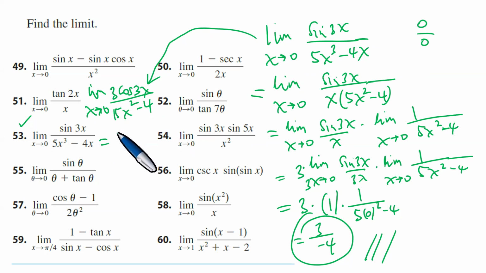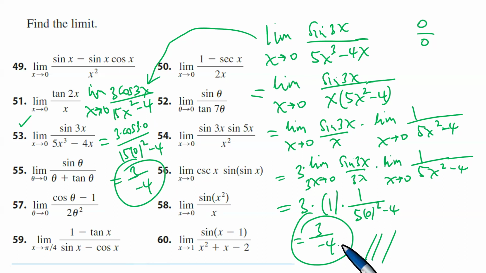As x approaches 0, we substitute again. Now this is 3 cosine of 3 times 0 divided by 15 times 0 squared minus 4, which is 3 divided by minus 4. So yes, it's minus 3 quarters.